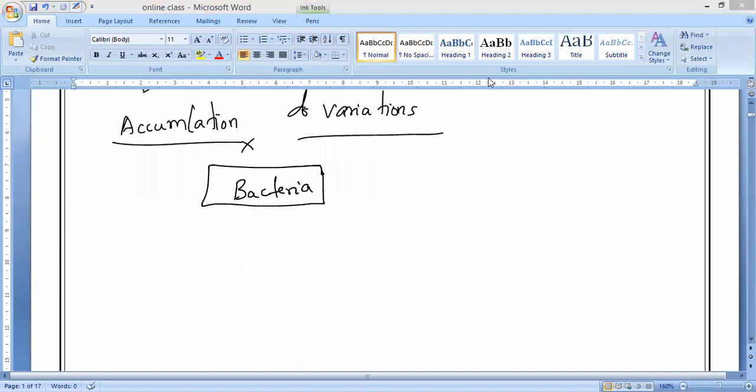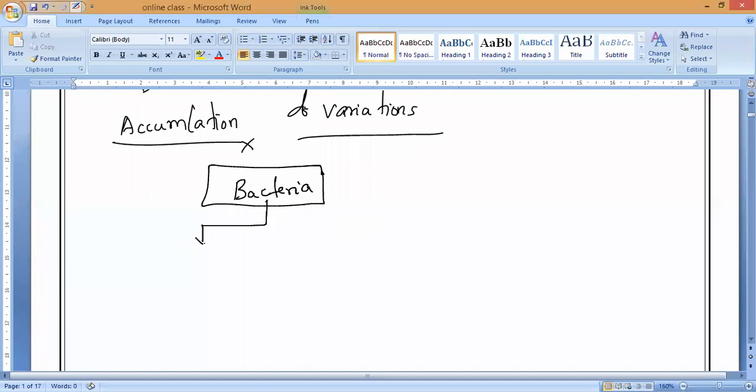Bacteria are single cell organisms, so asexual. If you take a bacteria, it will produce two more daughter cells, or we can say two more bacteria. So this is one bacteria and this is another bacteria cell, by using asexual reproduction.